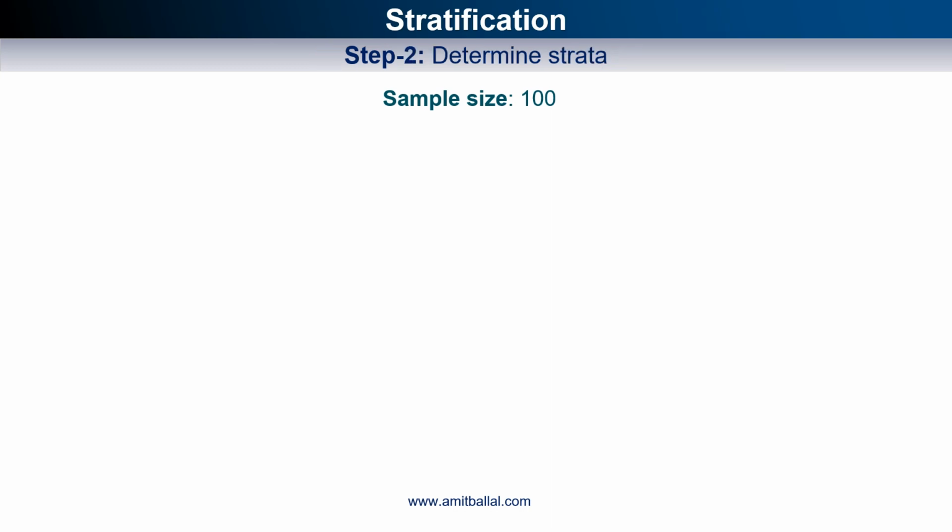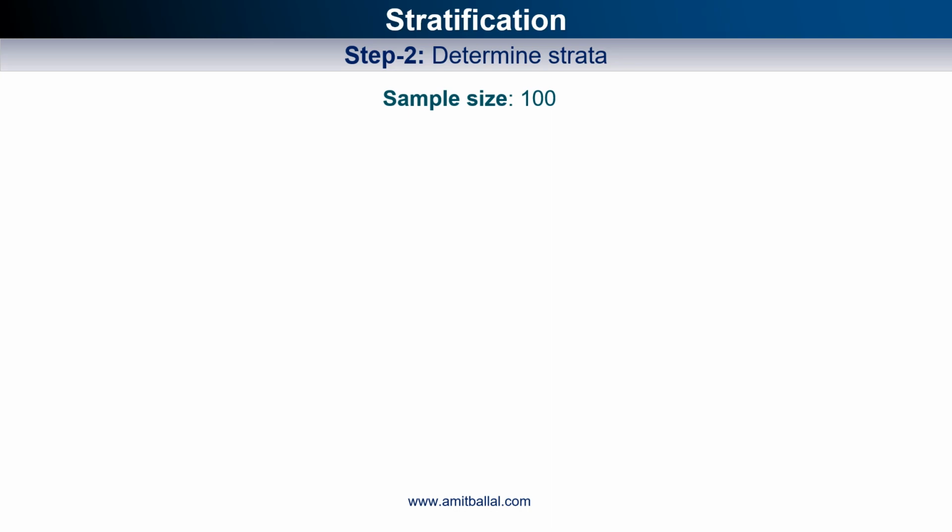The second step is to determine the strata. Let's assume the candidate is standing for a district-level election for X position. So, we would be interested in knowing what is his or her chance of winning in this district. However, if we take the 100 samples randomly throughout the district, it might happen that we take more samples from low-populated cities and fewer samples from highly populated cities.